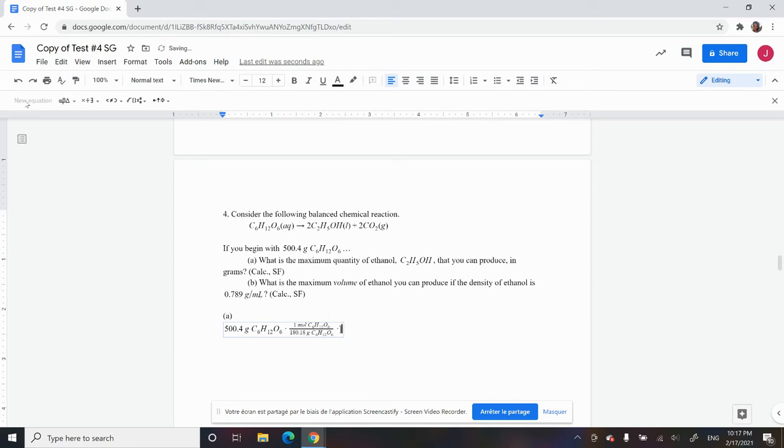And the mole to mole ratio. EtOH is just an abbreviation for ethanol. You could use C2H5OH, and that's equally correct. The Et is for ethyl, and then OH is just alcohol, the functional group.